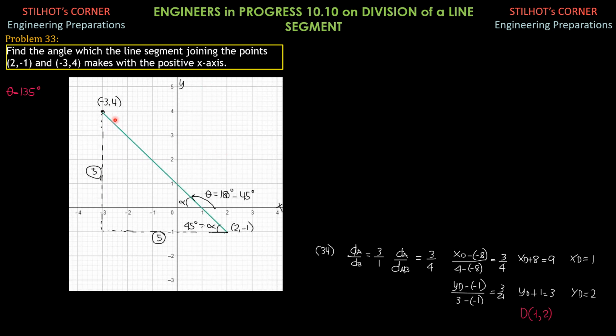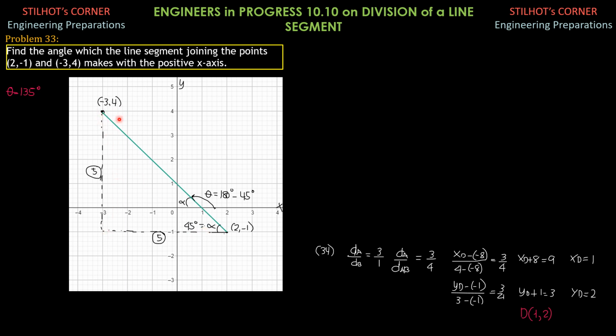So this is at (-3, 4), correctly plotted, and this is the point (2, -1). From (2, -1) to (-3, 4), this is the angle that the line makes with the positive x-axis. If we solve for this angle alpha, alpha is equal to 45 degrees because this is 5 units.